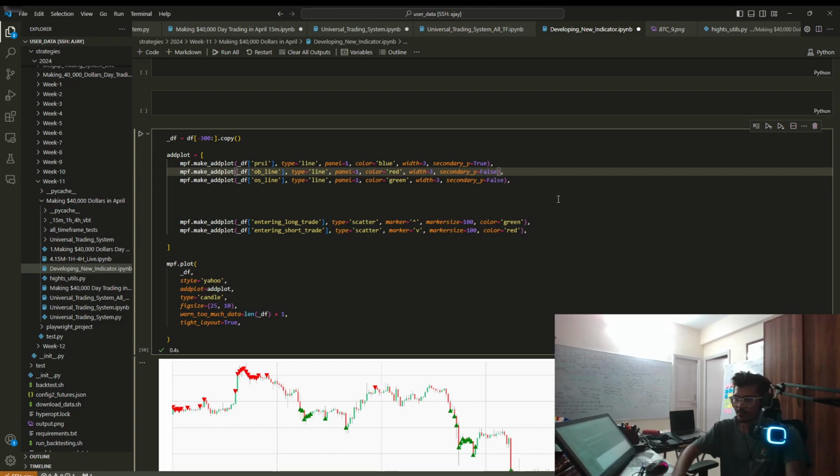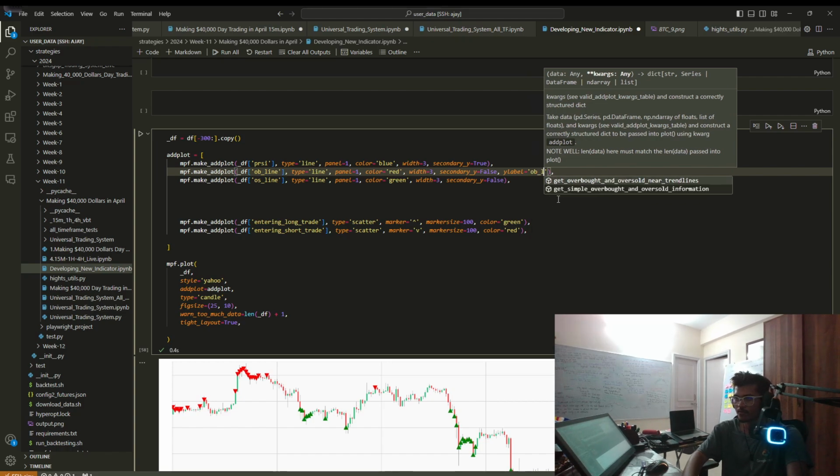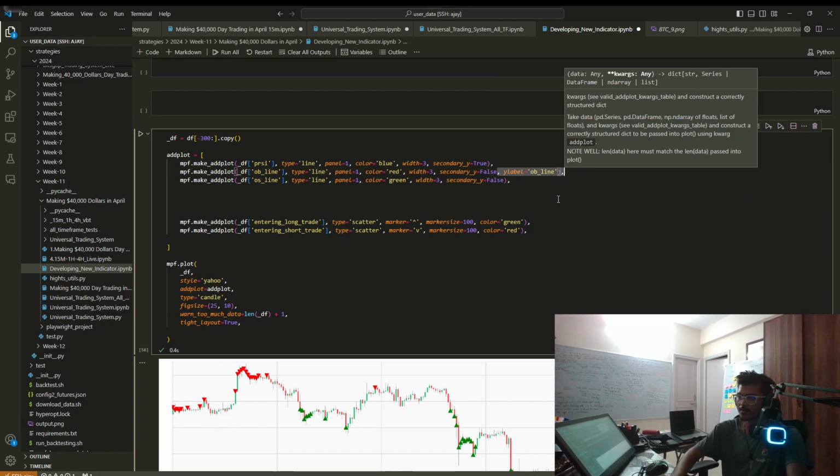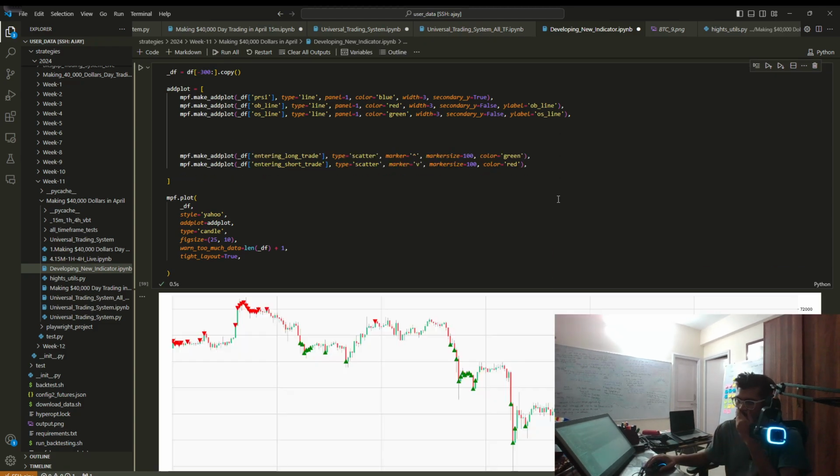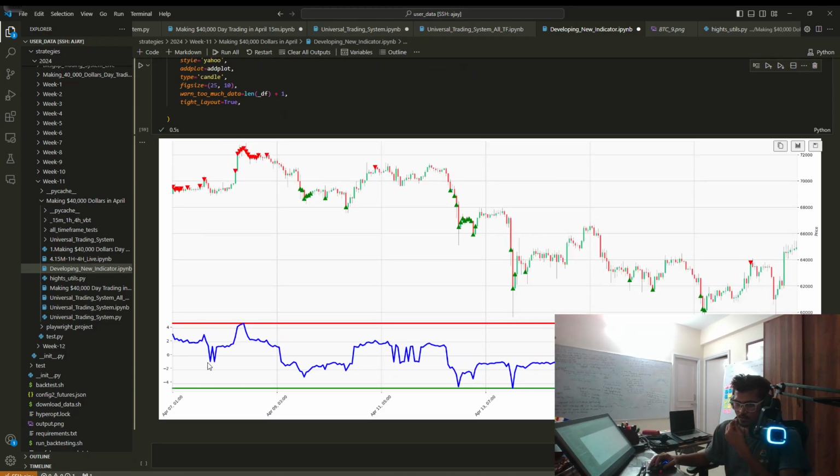Here's something to understand: Y level, OB line, Y level, OS line. So if this is the OS line, then this is the OB line, the oversold line. Okay. See, this is the problem.